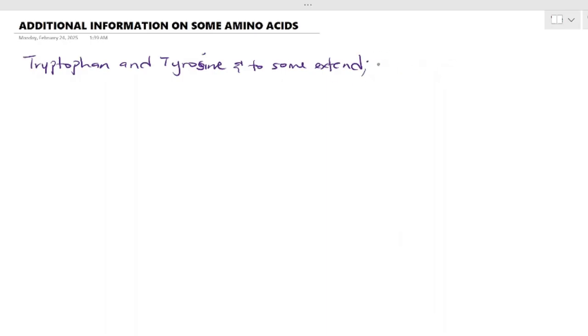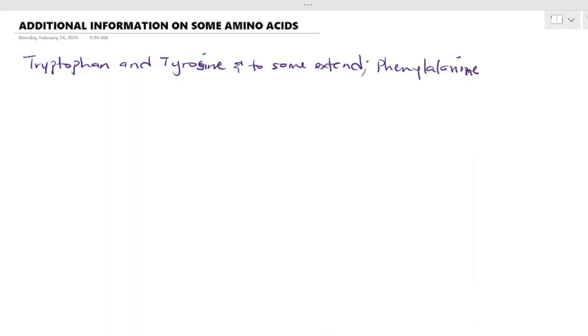It's pretty interesting. My mouth is saying something else and my hand is writing something else. So, tryptophan and tyrosine, and to some extent, phenylalanine absorb ultraviolet light. You observe that tryptophan, tyrosine, and even phenylalanine are all examples of amino acids under the aromatic amino acids with the aromatic R group.